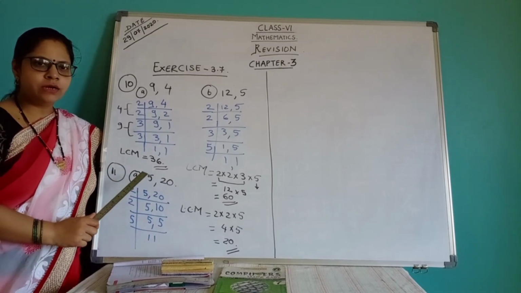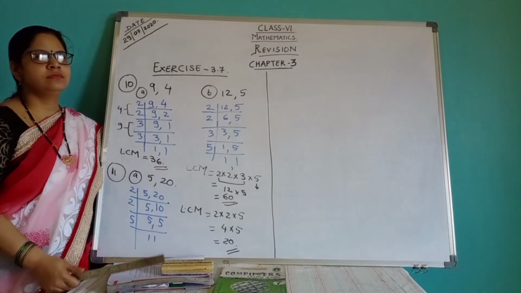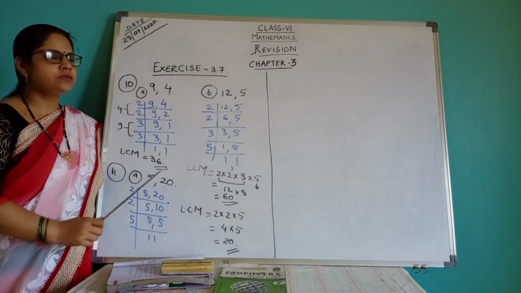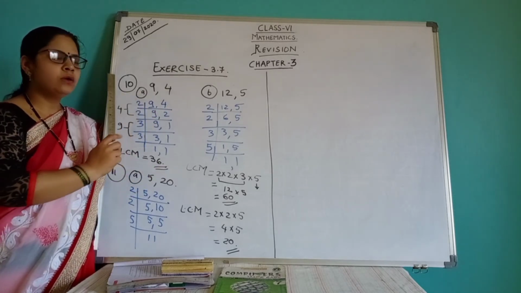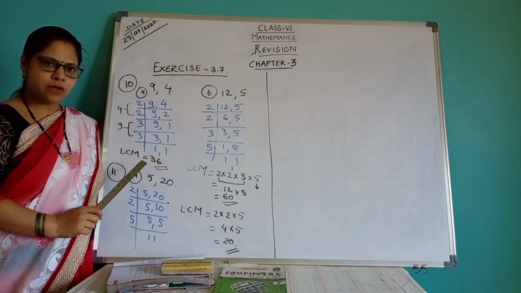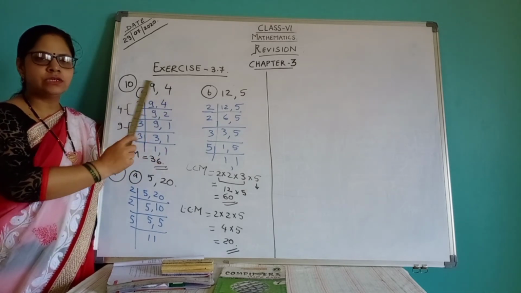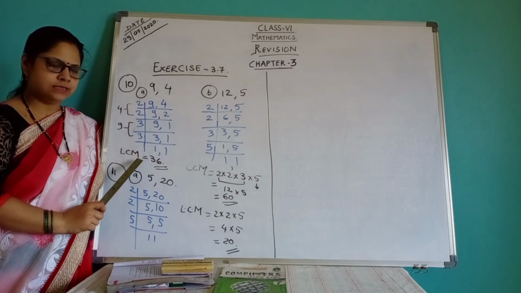So here what we understood is that if the two numbers given do not come in the same number table, then the multiplication of those two numbers will be the LCM.